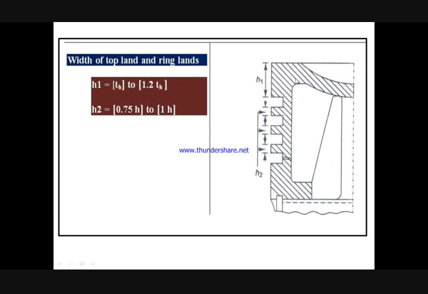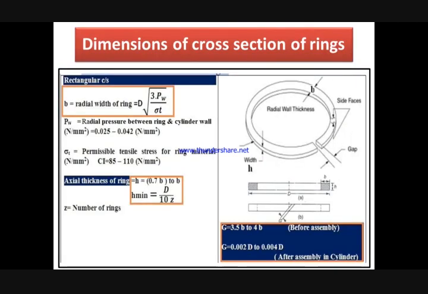The width of top land H1 is given by H1 equal to TH to 1.2 times TH, where TH means the thickness of the piston head. Next, H2, the width of ring land, is given by 0.75 H to 1 times H, where H is the axial thickness of the ring.